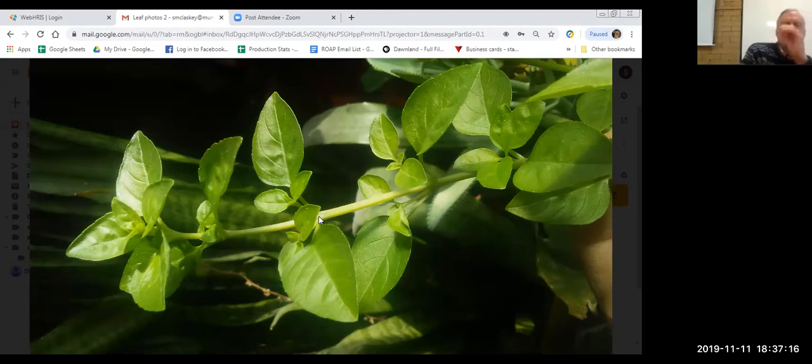That was way back, one of our first lessons. Last week. I heard petiole. Yeah, that's the petiole going from the leaf to the stem.